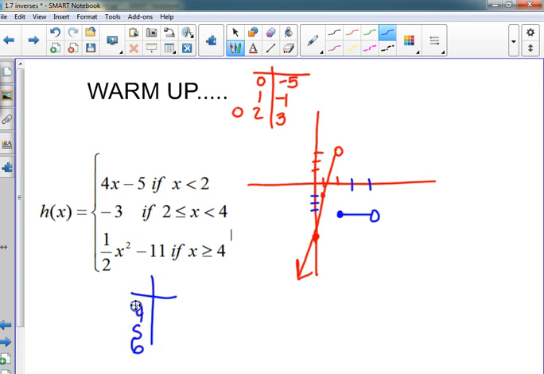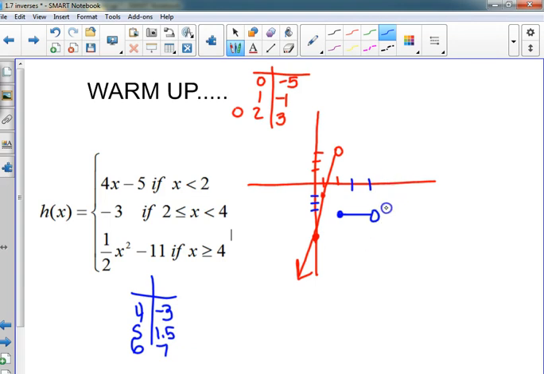4, 5, 6 maybe. 4 squared, half that, minus 11. 5 squared, half that, 12.5 minus 11. 6 squared is 36, half of that is 18 minus 11.